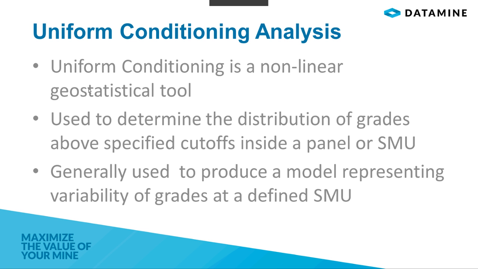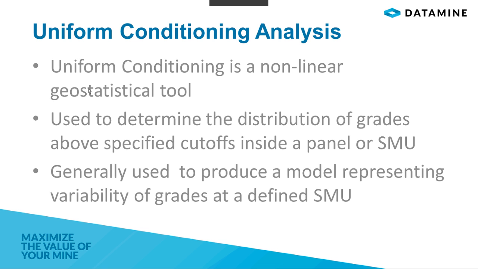So just to go through a little bit about uniform conditioning analysis. Uniform conditioning itself is a non-linear geostatistical tool, in contrast to methods such as inverse power of distance or ordinary or simple kriging, which are linear methods of estimation. It's used to determine the distribution of grades above specified cutoffs inside your block model panel, parent cell, or at an SMU level.